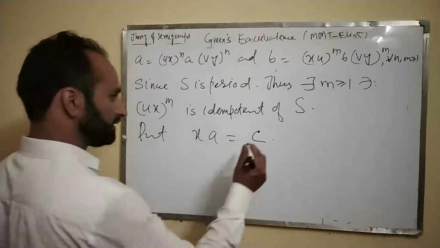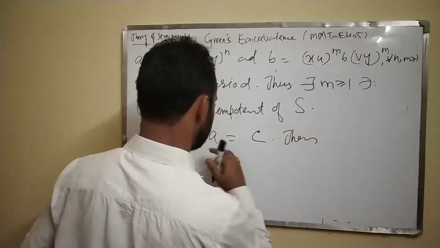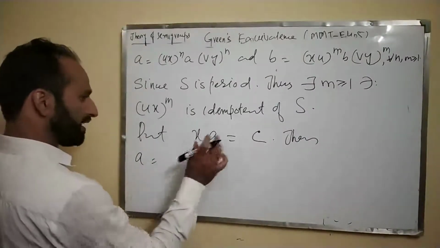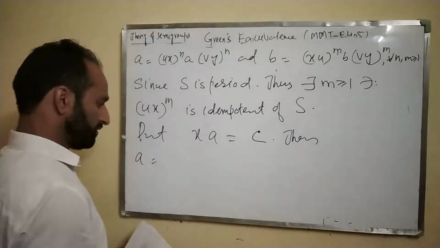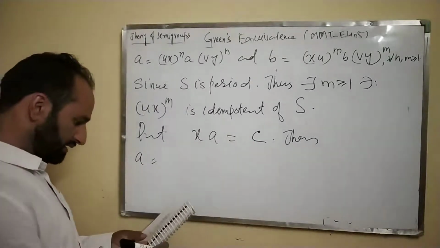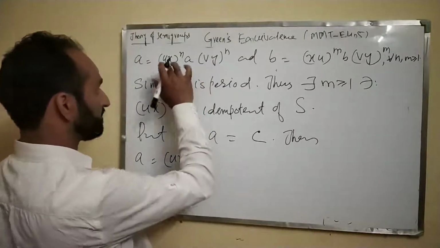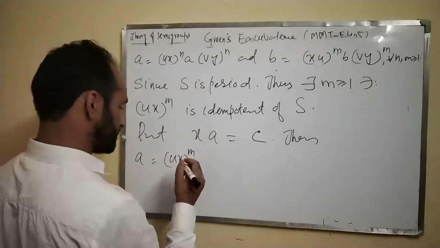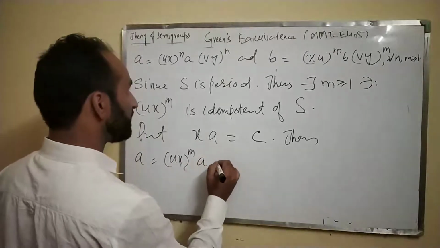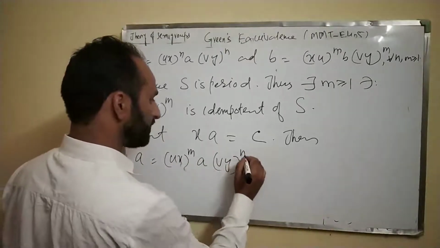This A should be equal to some element of S times C. So what's this A? A is equal to, as we have seen, UX power m, for every n, in particular for m as well, into A into VY power m.